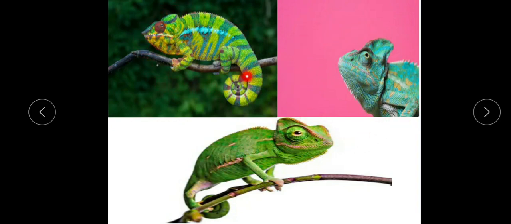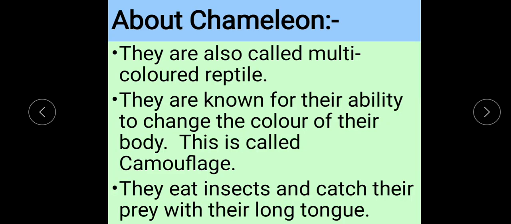Here it's in green, blue and mixed yellow color, right? Here sky blue or blue, here total green. Because of this reason, it is also called a multicolored reptile. Okay, chameleons are called multicolored reptiles.